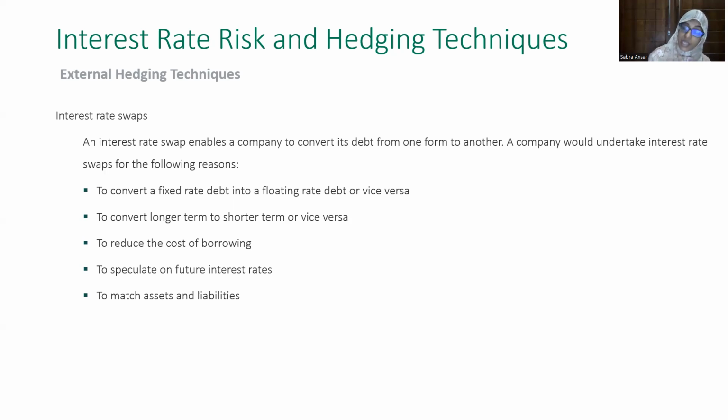The other reason is to convert long-term to short-term or vice versa. So interest rate swaps will happen if you want to convert something long-term to short-term, or something short-term to long-term, right?